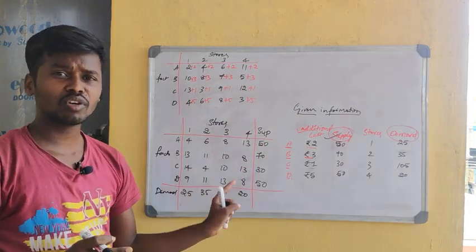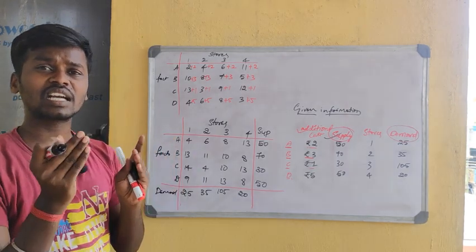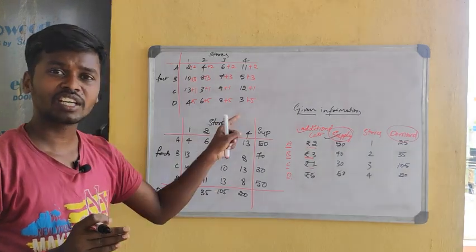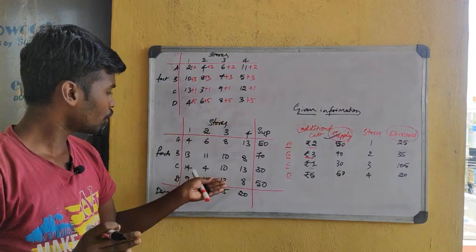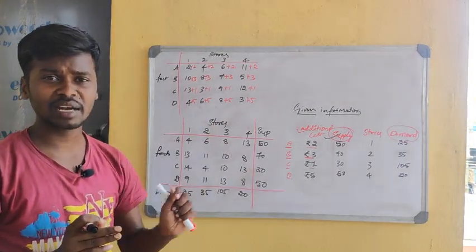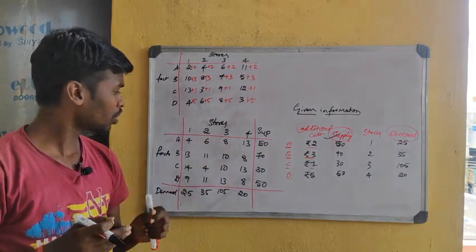If the demand is not equal to the supply, you have to add a dummy column or dummy row. Thereafter you calculate the total transportation cost and satisfy the demand and supply based on Vogel's approximation method. So try the problem.